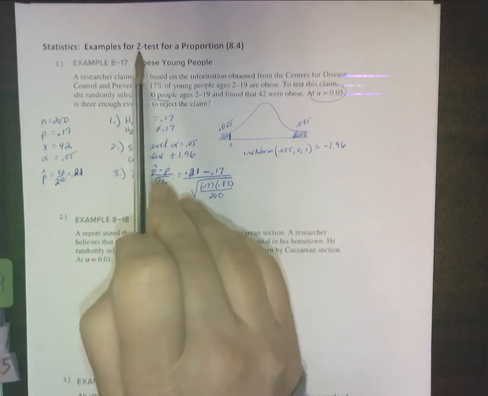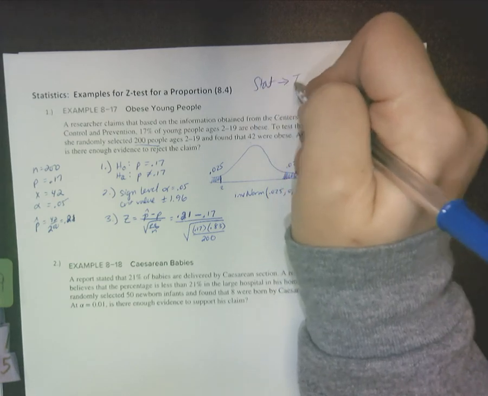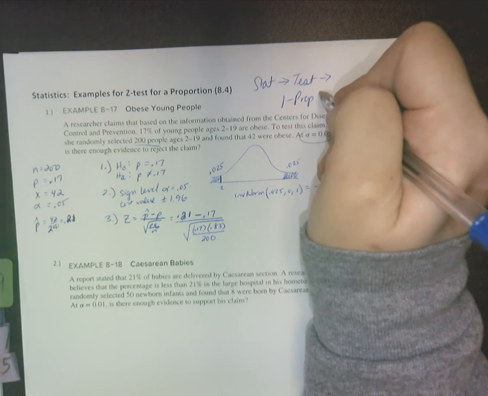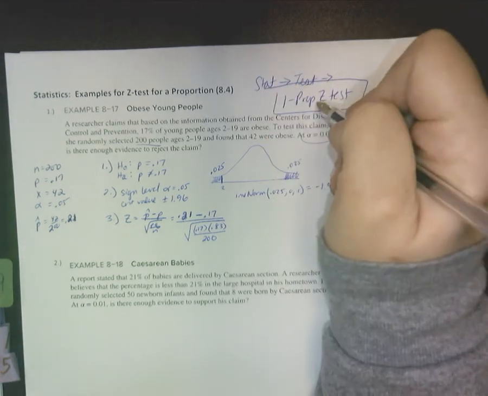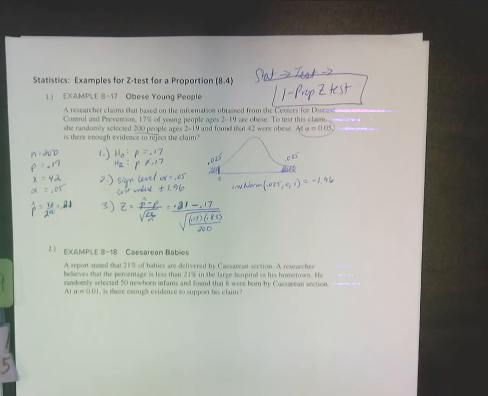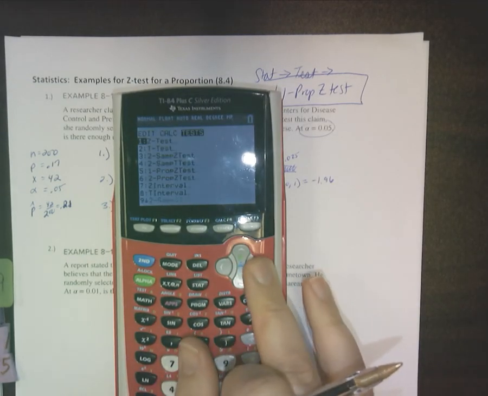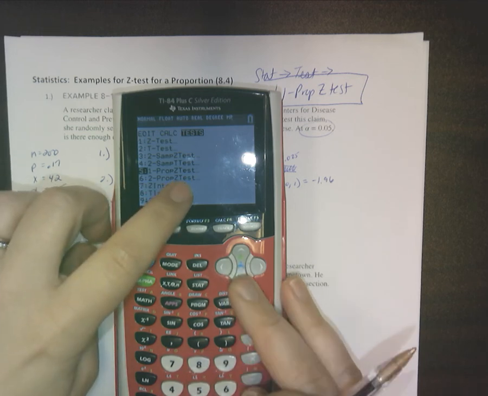Whenever you're doing a Z-test for proportion, you go to Stat, Test, 1-prop Z-test, which is number 5. Not interval, Z-test. We're not doing intervals.